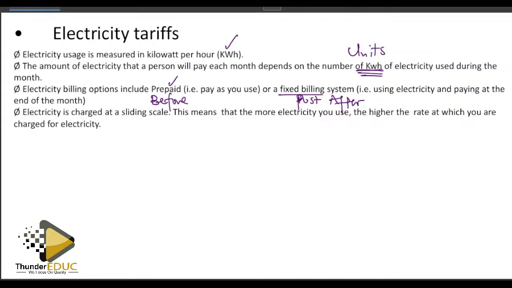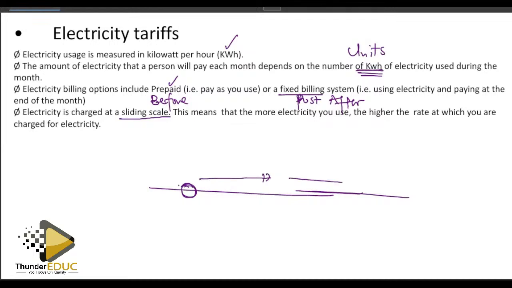Then the electricity is charged on what we call a sliding scale. Many of you have phones there. If you want to see a sliding scale, it could be a line like this. You've seen it when you increase, for example, the brightness, as you go on like this, it increases.